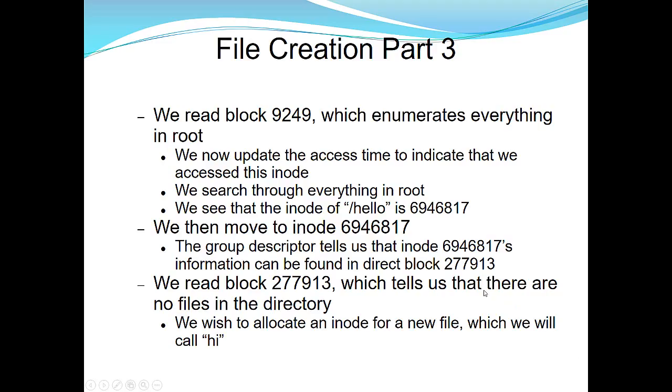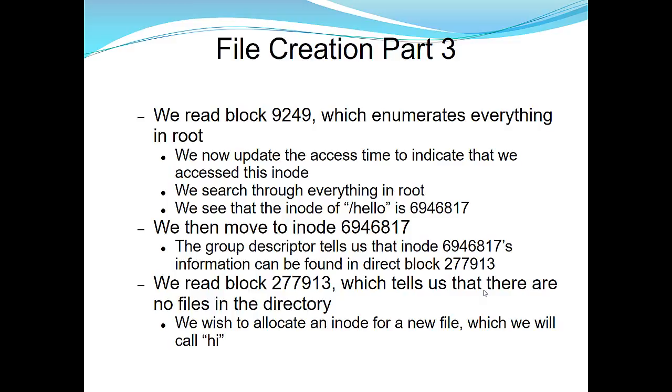Okay, so we read block 9241, which enumerates everything in the root. We now update the access time to indicate that we access this inode. Okay, we search through everything in root. We see that the inode of /hello is 694.6817, and as I showed you, it was different on my VMware install.